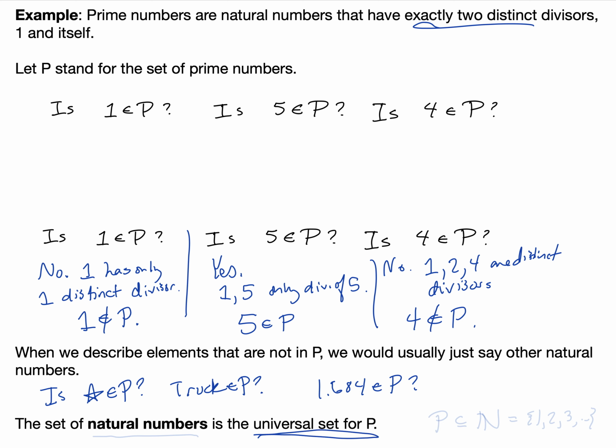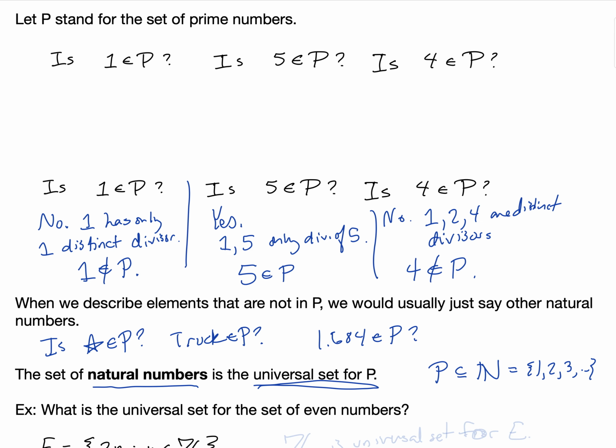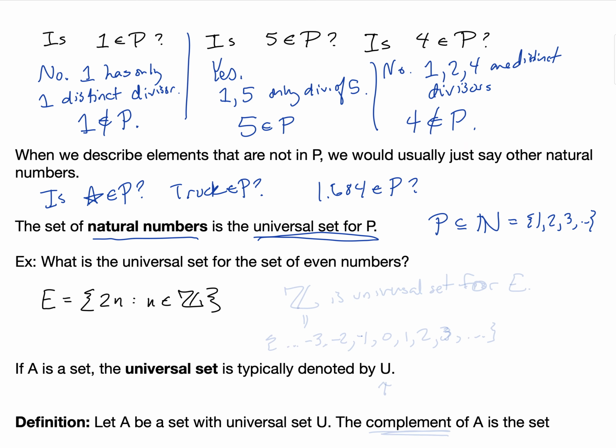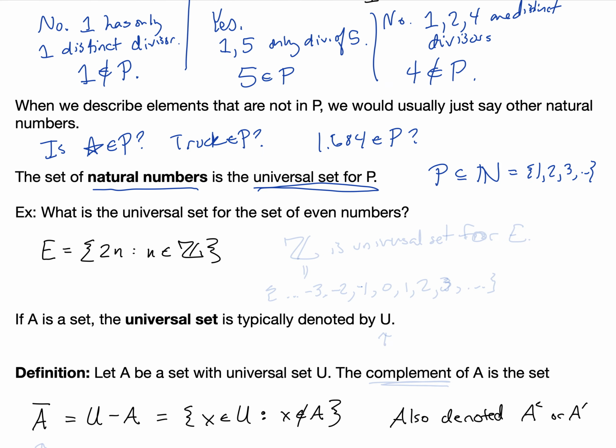And in the case of the prime numbers, the set of natural numbers is that universal set. So P is a subset of the natural numbers, those counting numbers 1, 2, 3, etc., and we think of the natural numbers as being the universal set for P. How about the set of even numbers? What is the universal set for them? Well, even numbers are things of the form 2 times n, such that n is an integer.